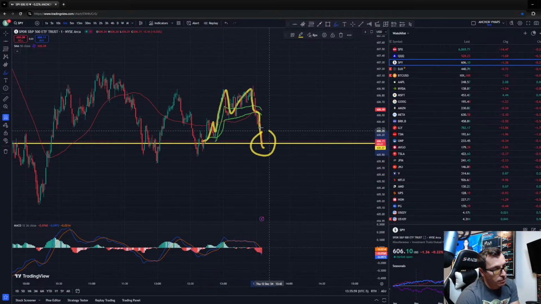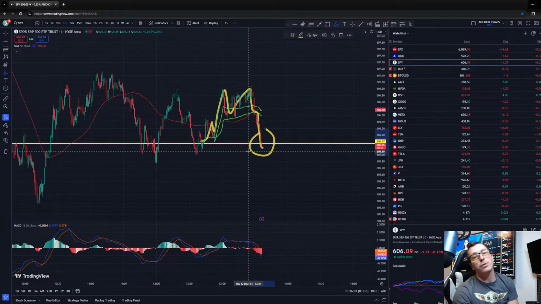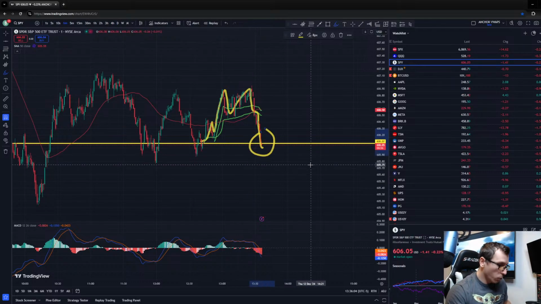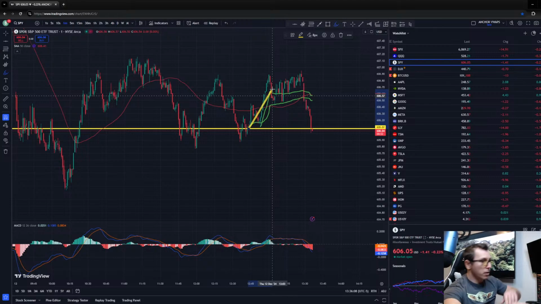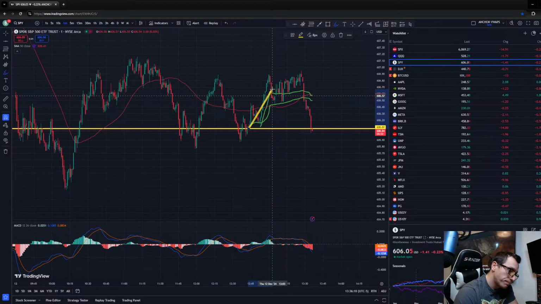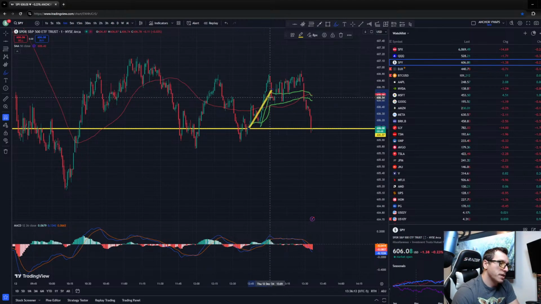Resets the market back to the 50 SMA to restart the whole game over. So once again, everyone who buys this dip thinking that the market's just going up forever eventually gets taken out below their average share price, volume weighted average price, and then volatility takes them back down to the 50 SMA.